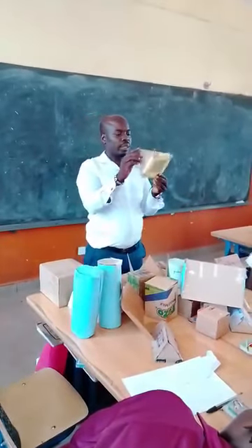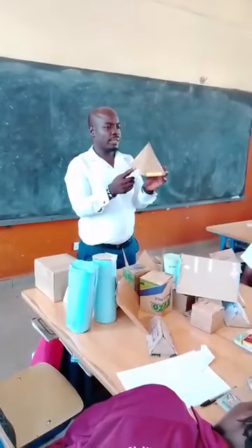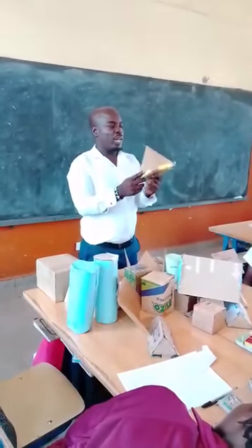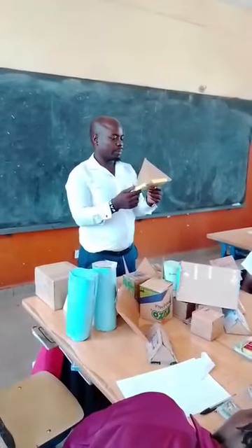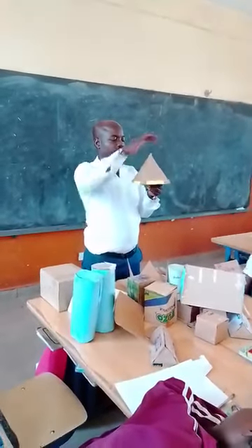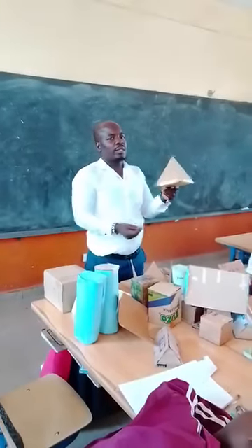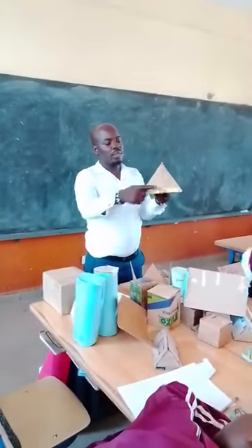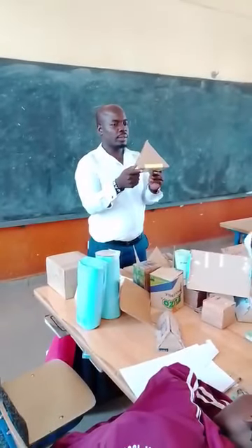Then we have a pyramid. This is a pyramid, okay? How many faces does a pyramid have? 5. 1, 2, 3, 4, 5. How many edges? 1, 2, 3, 4, 5, 6, 7, 8. 8 edges.